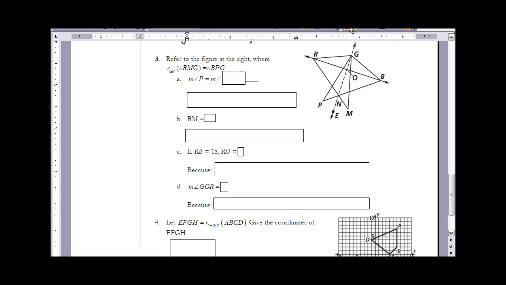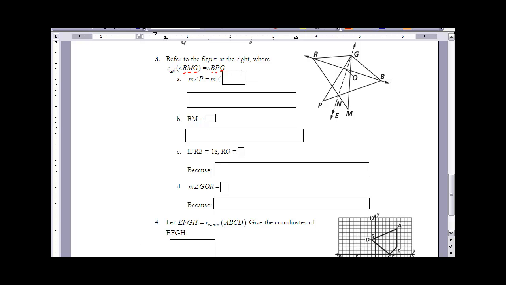Now, some things that we have to recognize is that when I do that and I write it like that, the reflection image of R is B. The reflection image of M is P, and the reflection image of G is G. So wherever they are in order in terms of how we write it, the corresponding one will be in the same position when we write it for the image as well. Okay? So let's take a look at this.